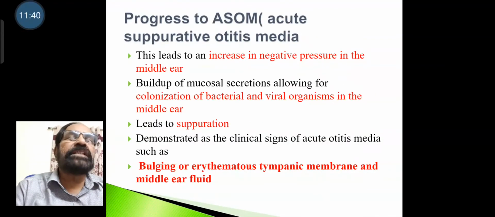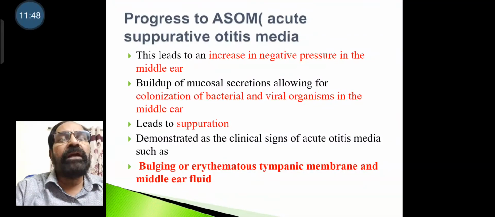Then it progresses to acute suppurative otitis media. So this leads to creation of or increase in the negative pressure in the middle ear.